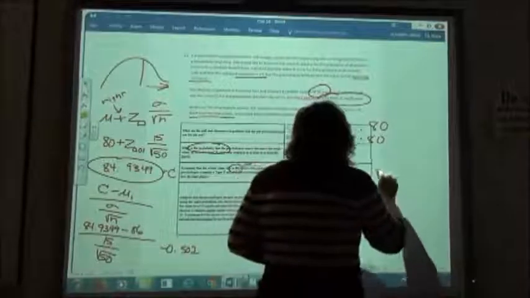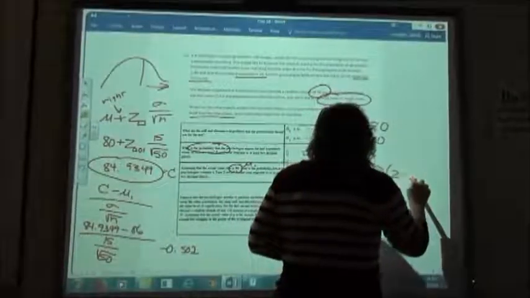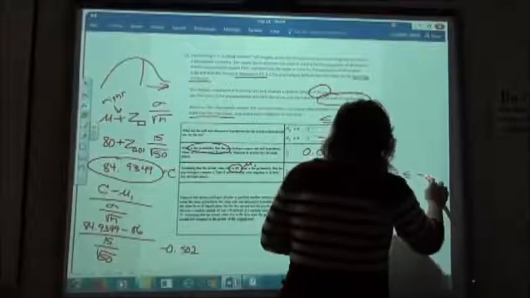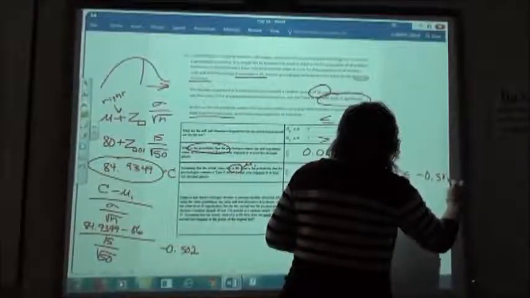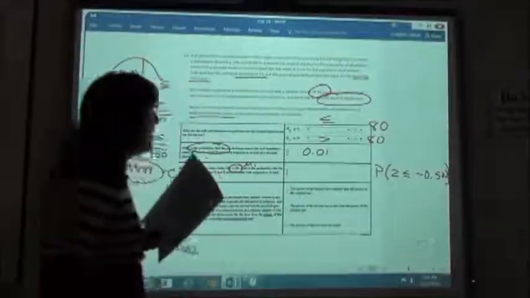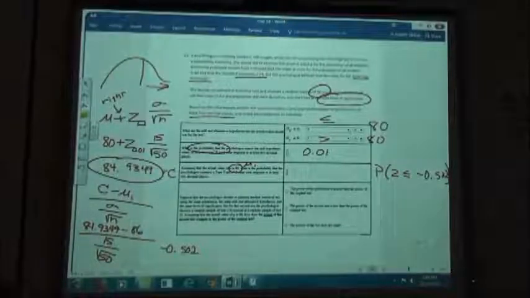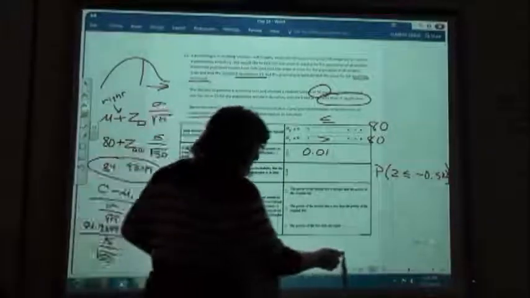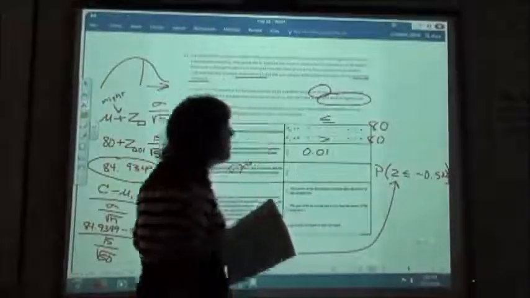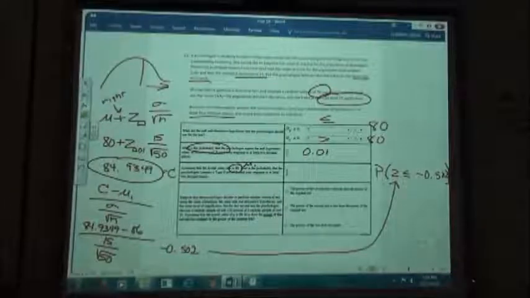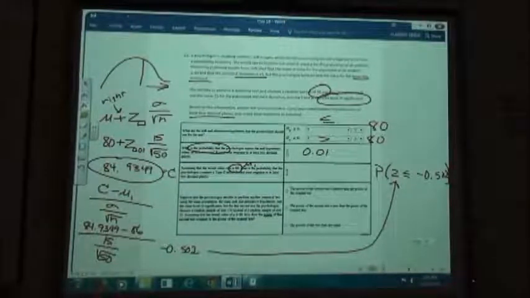So we are going to do P of Z is less than or equal to negative 0.502. Draw my arrow. Okay. So, clear that out.